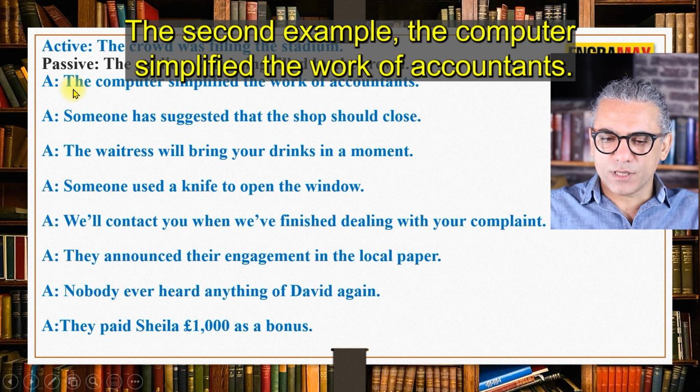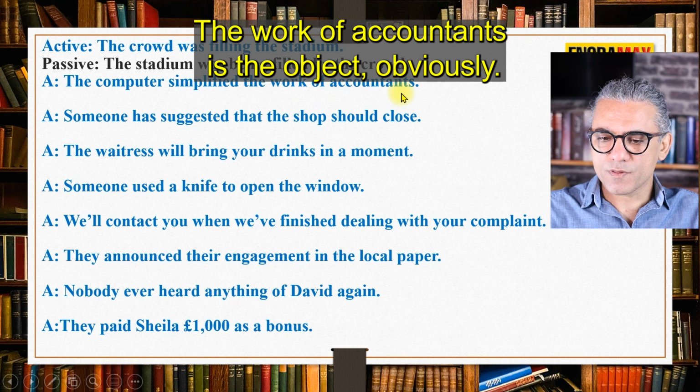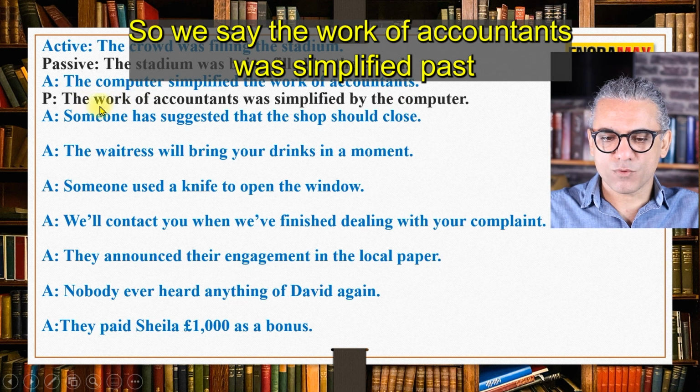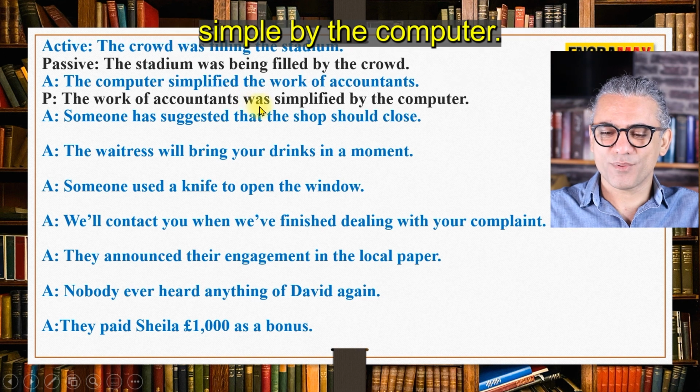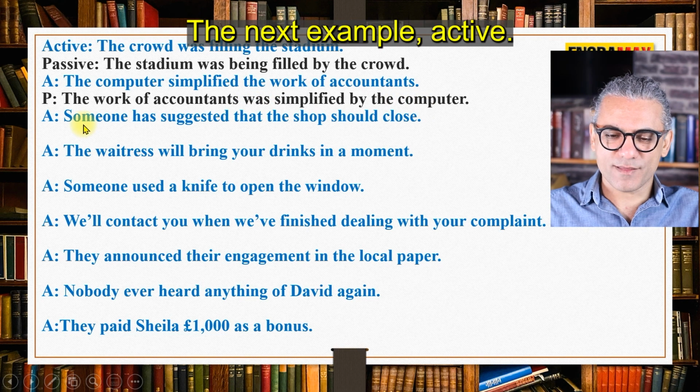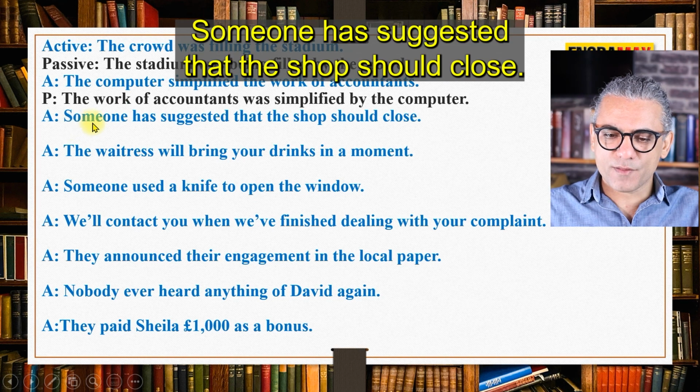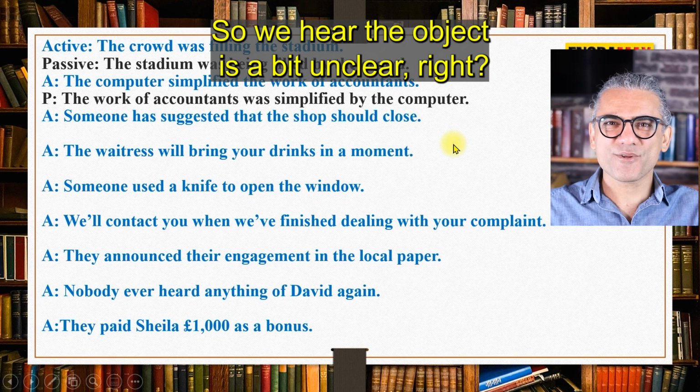The second example, "The computer simplified the work of accountants." The work of accountants is the object, obviously. So we say, "The work of accountants was simplified," past simple, "by the computer," the agent. Next example. Active. "Someone has suggested that the shop should close." So in here, the object is a bit unclear, right?